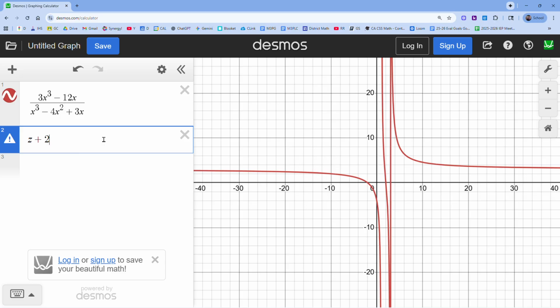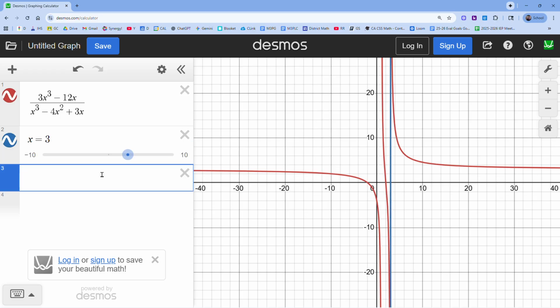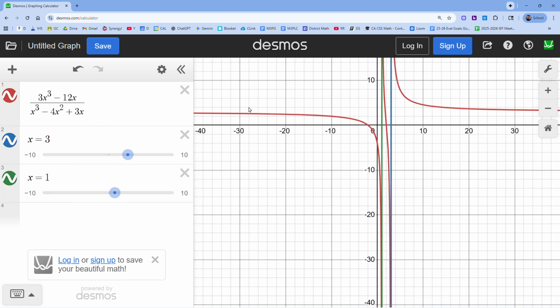So if I put in x equals 2, oh, not 2, where's the other one? 3. So if I said x equals 3, see, for some reason, it put an asymptote right there in red to represent that. So if I put in the two asymptotes, which are 3 and 1, you can kind of see the curve that's happening here.